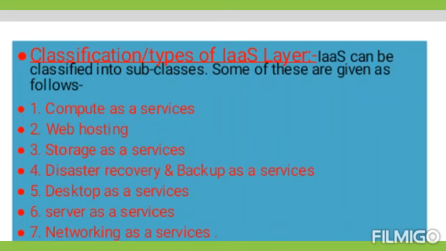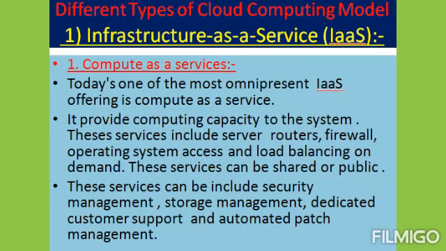So the next topic: types or classification of the IAAS layer. Infrastructure as a service can be classified into subclasses. Some of these are given as follows. The types of IAAS service: first, compute as a service. Second is web hosting.